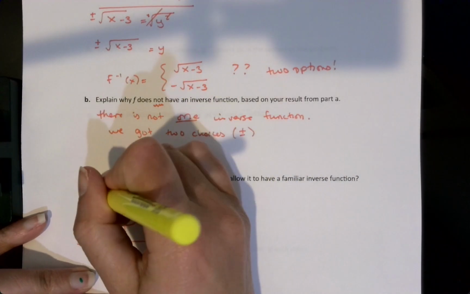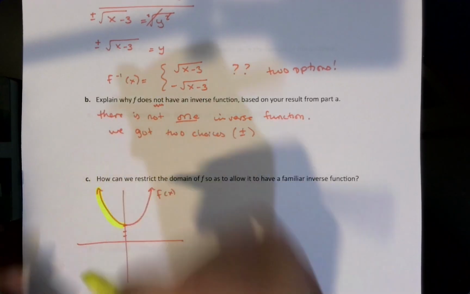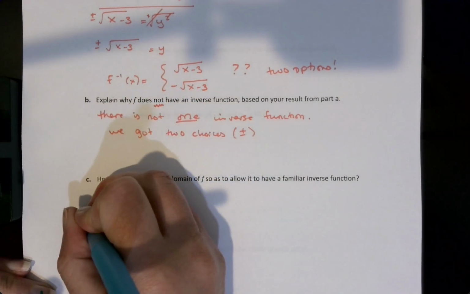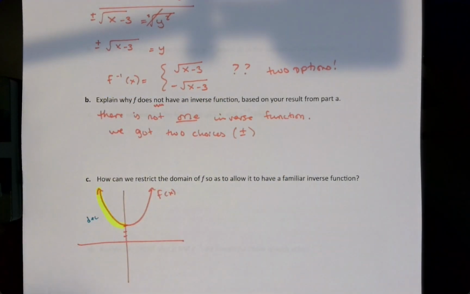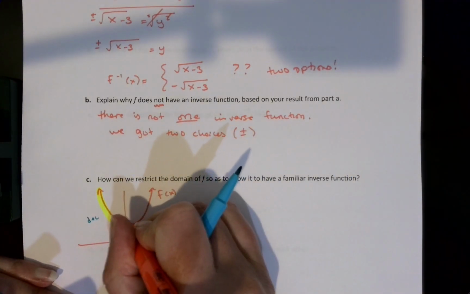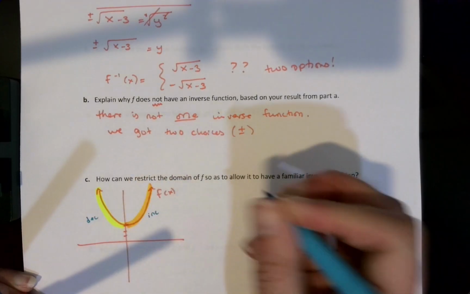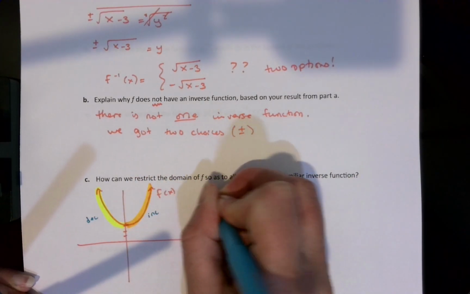And I can see that because my function decreases on the left side, and then it's going to change and be increasing on the right side. So it is not 1 to 1.